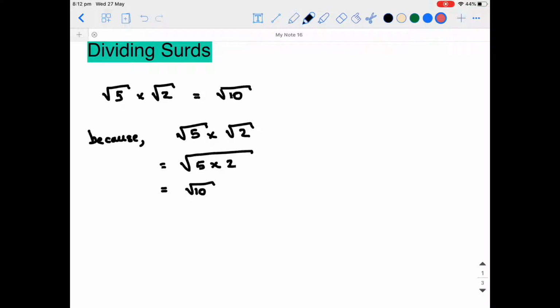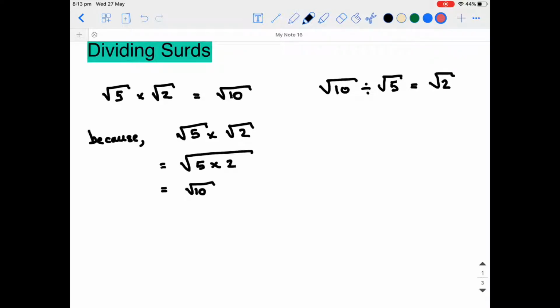So in a similar way, if we start with the square root of 10 and we divide that by the square root of 5, then the answer we end up with is the square root of 2.